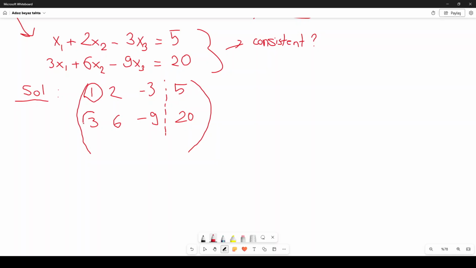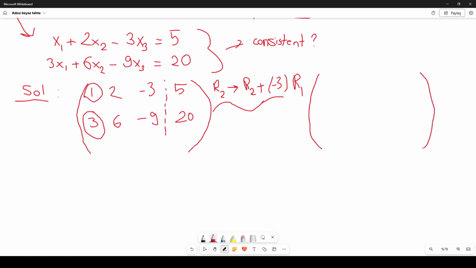So I should eliminate the value below the pivot element, which is 3, so this 3 should turn into 0. How can I do that? I need to replace row 2 by performing an elementary row operation: row 2 plus minus 3 times row 1 would take us where we want to go.